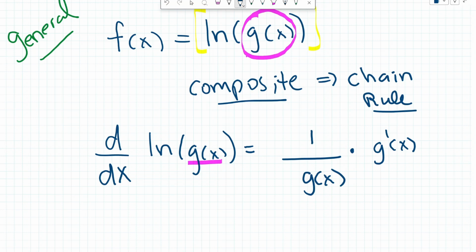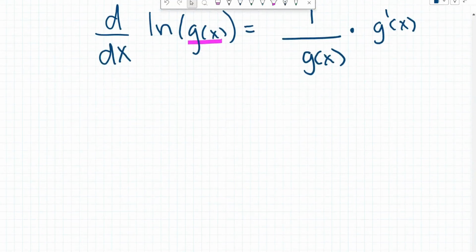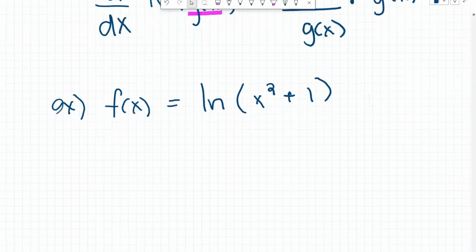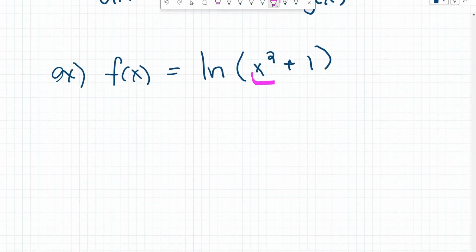So why don't we go and look at an example? Let's start with this example where f of x equals ln of x squared plus 1. The first thing I want you to identify is what our g of x function is.